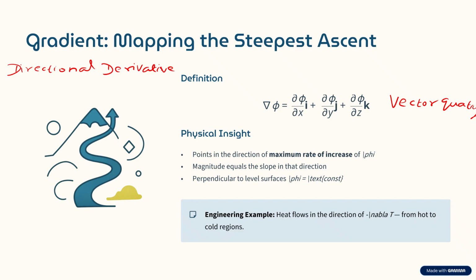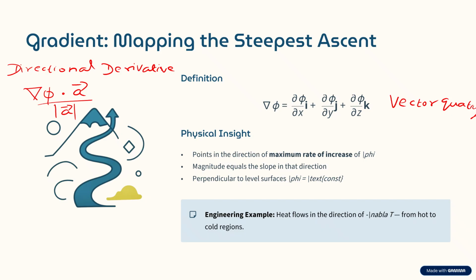Directional derivative can be found by del phi dot a vector, which is a direction vector, divided by modulus of a vector. Then next, using this gradient of scalar potential, we can find the maximum directional derivative by finding the magnitude of gradient of scalar potential.